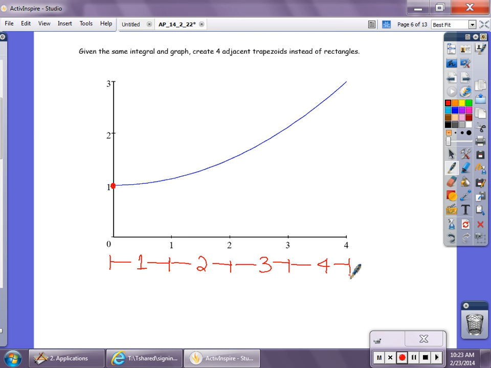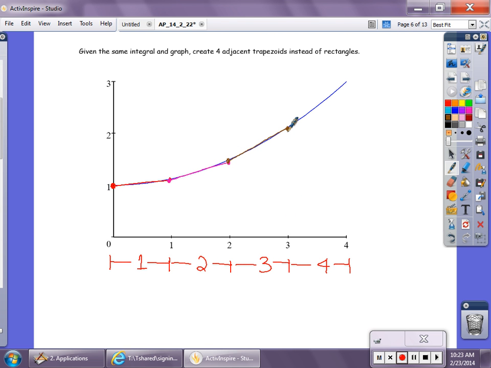The way you create them is at each x value, you create the points for the y values, and then you actually just connect. And then the next one I'll do in pink. So at 1 and at 2, I'm just going to connect. And then in brown, 2 and 3, connect.